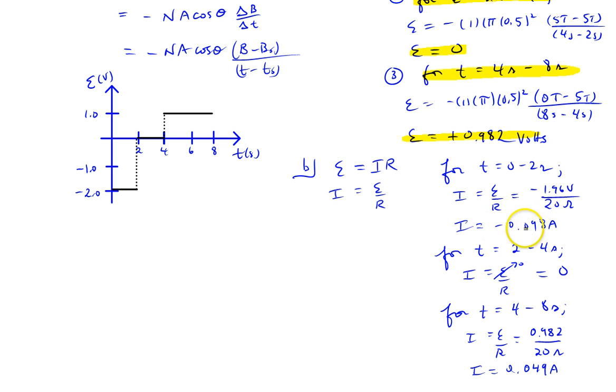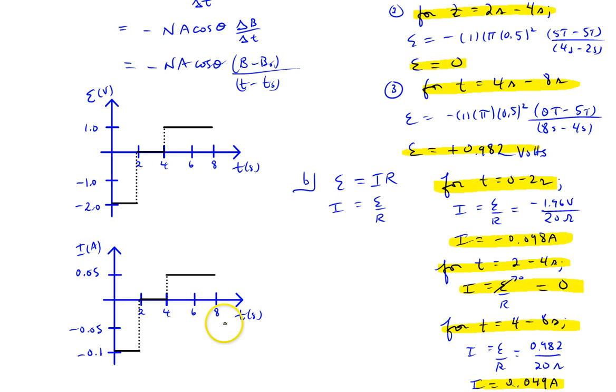Notice this is negative and this is positive, indicating those two currents are in opposite directions. So for t equals 0 to 2 seconds, we had a current of negative 0.098 amps. From t equals 2 to 4, we have 0 current. And from 4 to 8 seconds, we have a positive current of 0.049 amps.